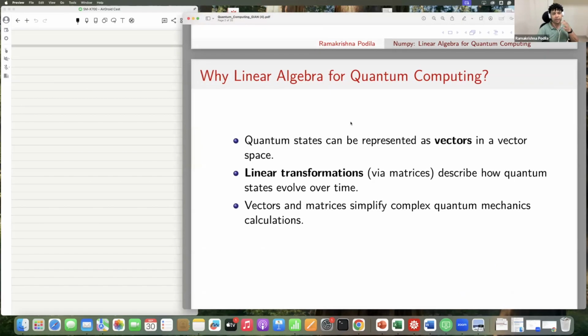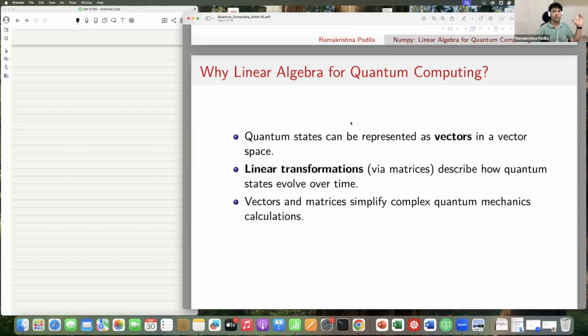So as we have discussed, in the first lecture we talked about the quantum theory in general, which we developed based on the experiments, and later we developed this linear algebra notation, the Dirac notation.